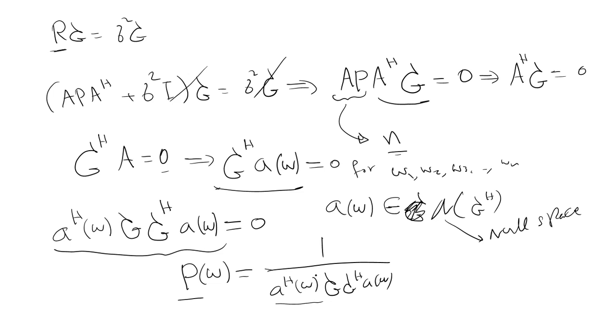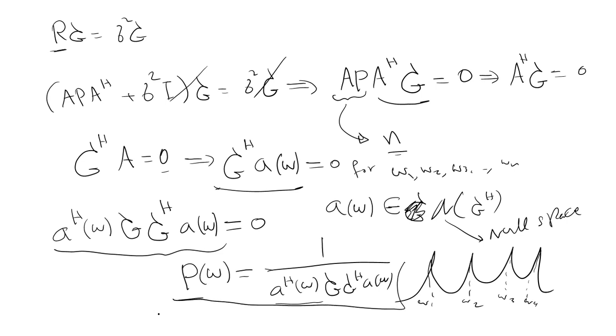When this is small, 1 over a small number is a large number, and I have peaks in our spectrum. That means at each frequency we have peaks, omega 1, omega 2, and the actual locations of the peaks are our frequencies. This is the MUSIC algorithm.